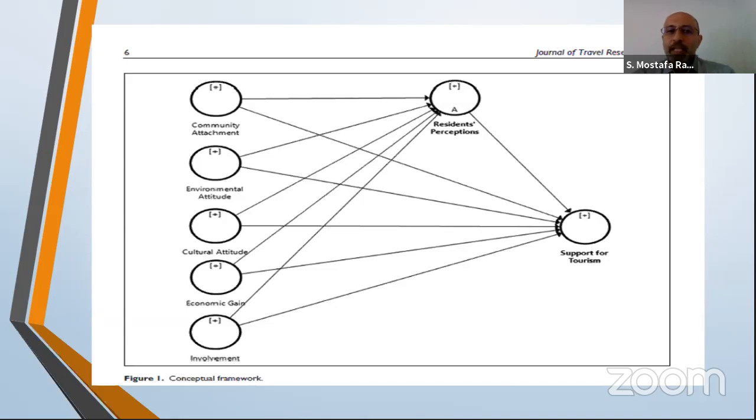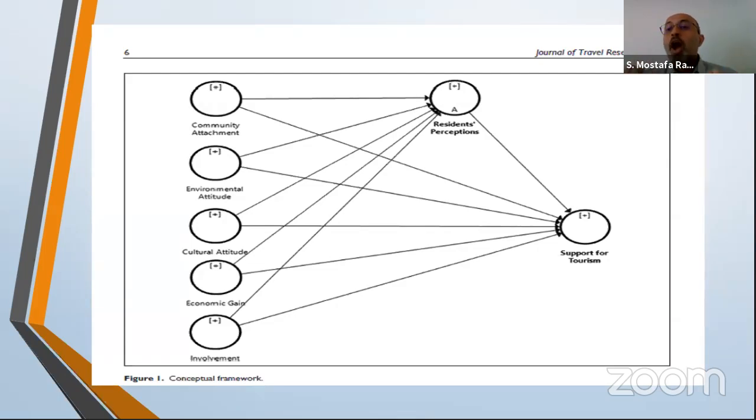It means this variable is increasing, for example, community attachment. We want to understand this concept. Increasing community attachment directly will increase support for tourism development, or increasing community attachment will increase, in first place, the perception of residents.